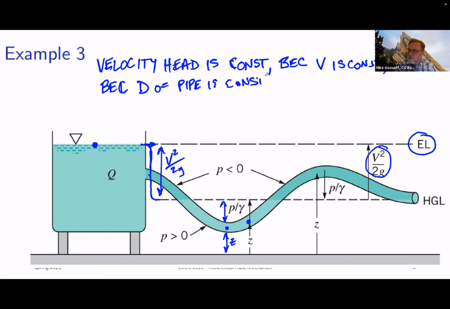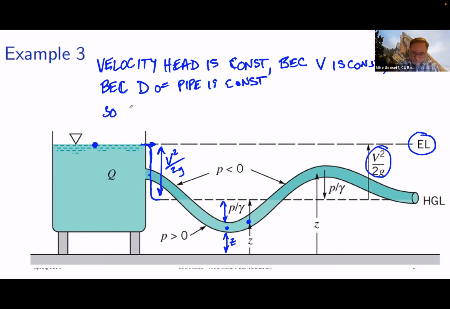Even though the pipe is undulating up and down, it doesn't have an influence on velocity at all, the way we are treating this flow. And therefore, we have this consistent trade-off as you move down between the elevation head and the pressure head.